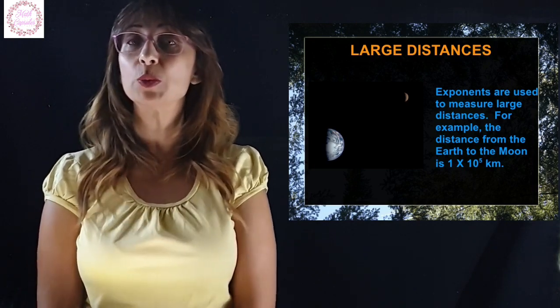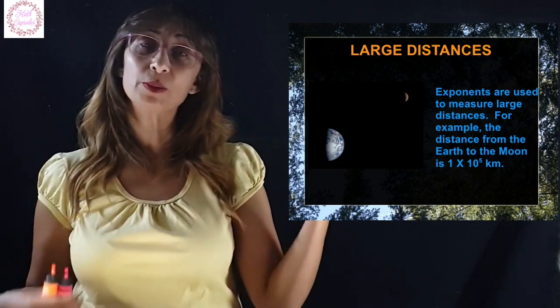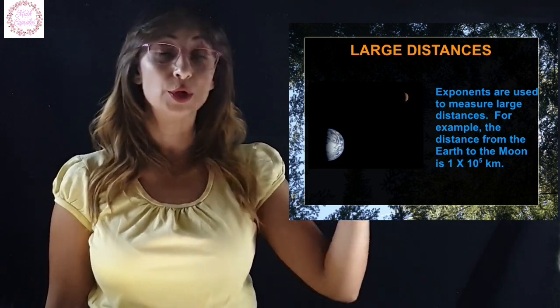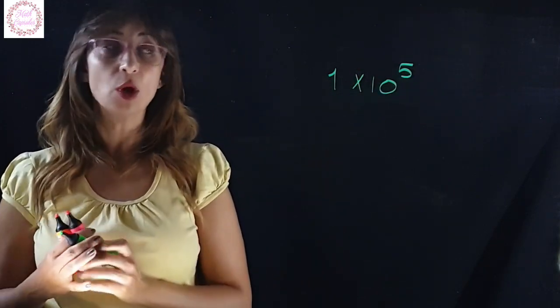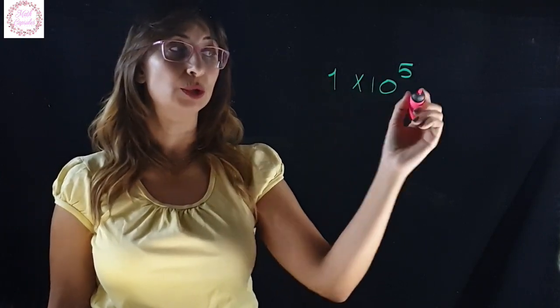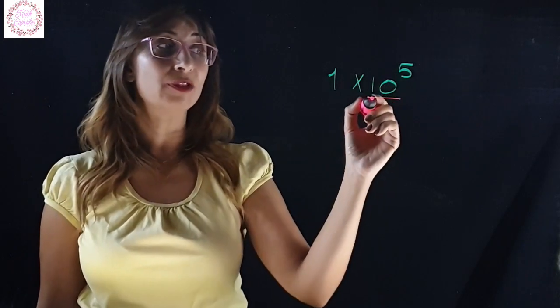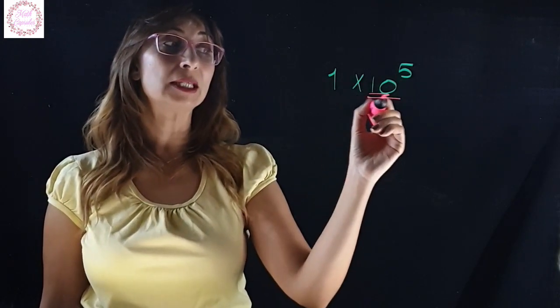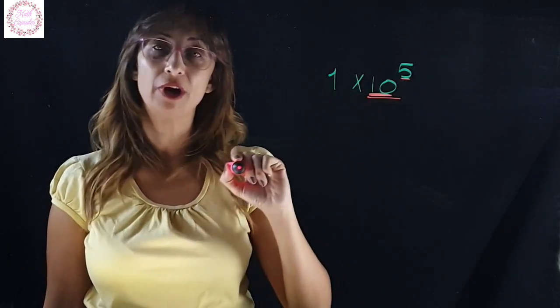Imagine the distance between Earth and the Moon. So the distance between the Earth and the Moon is 1 times 10 power 5. What does that mean? 1 times 10 power 5, of course 1 times any number is the same number. So imagine 10 power 5. What is 10 power 5? We have the base 10, so this means that 10 is multiplied by itself how many times? 5 times.